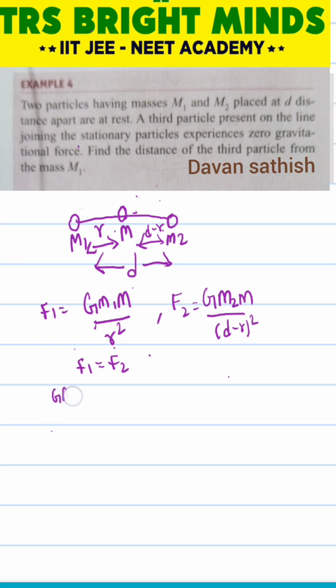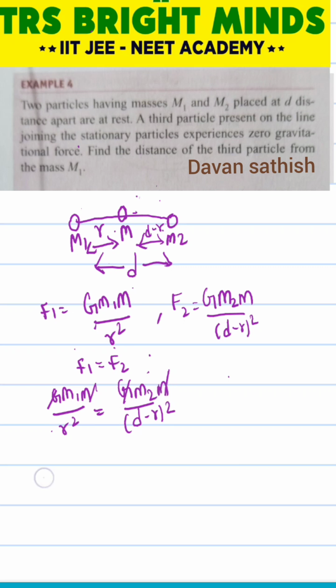So G m1 m divided by r square is equal to G m2 m divided by d minus r whole square. So here we can cancel G m.